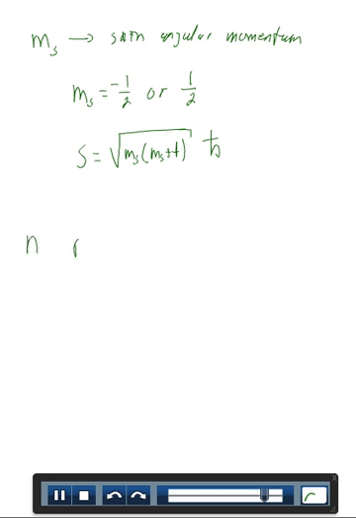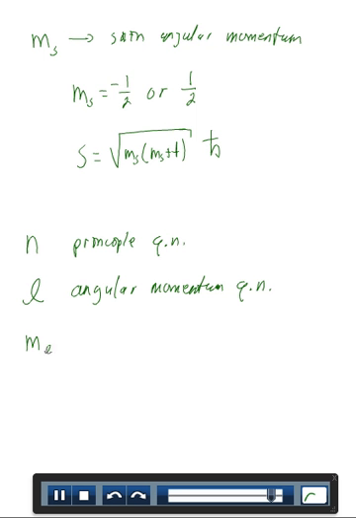n, often called the principal quantum number because it gives us the energy. l, the angular momentum quantum number, which gives us the magnitude of the angular momentum of the electron. m sub l is called the magnetic quantum number due to historical reasons through experiments.